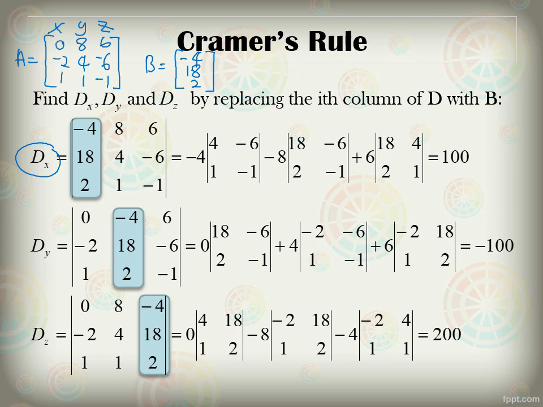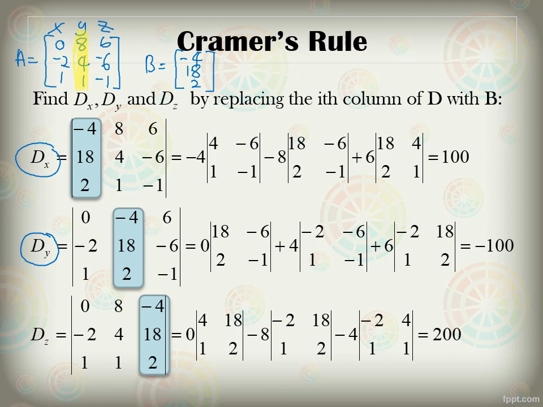Next, you proceed with Dy. Since you want to find the determinant for y, now you delete all the elements in y, while the elements in x and z will remain. See, x is 0, minus 2, 1 remain, and 6, minus 6, minus 1 also remain.